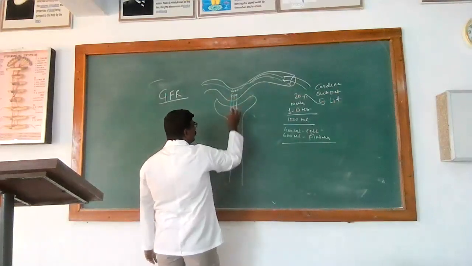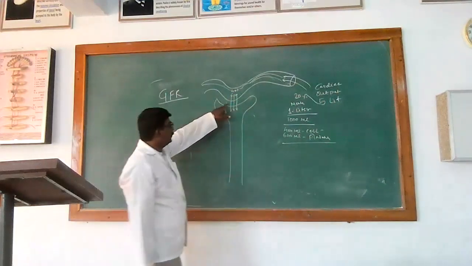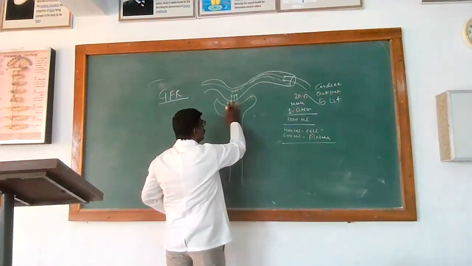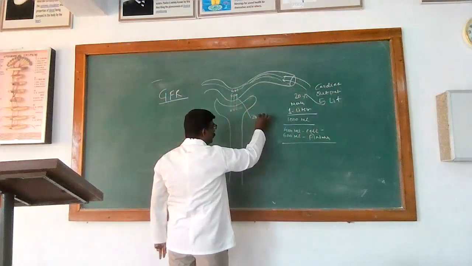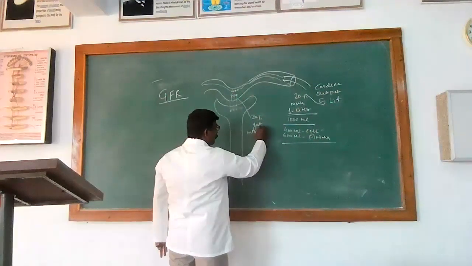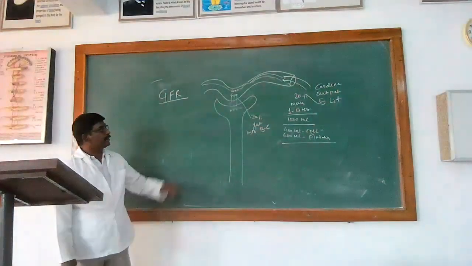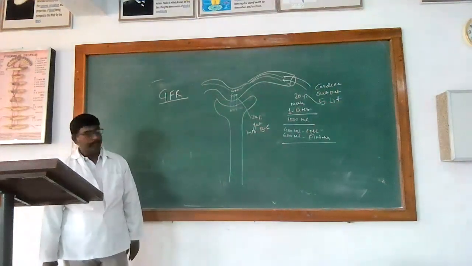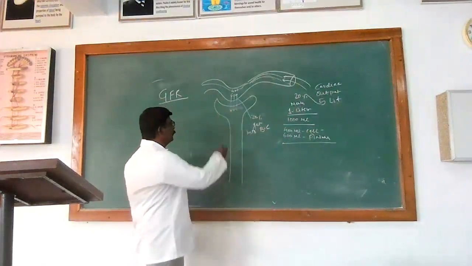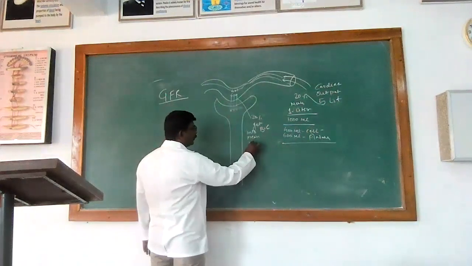From this 600, only 20% gets into Bowman's capsule. So from this 600, only 20% is getting to the Bowman's capsule. The actual filtration is 120 ml.